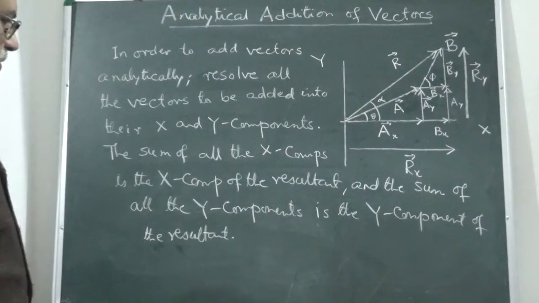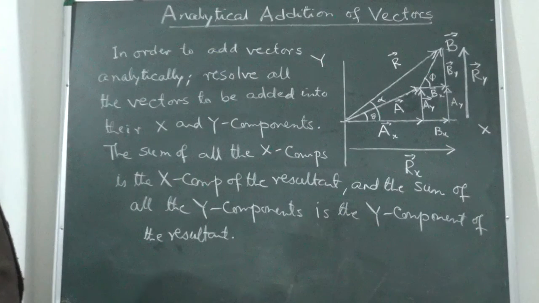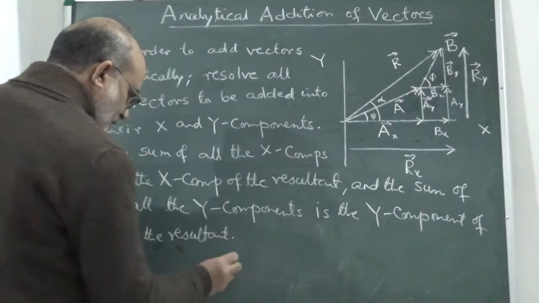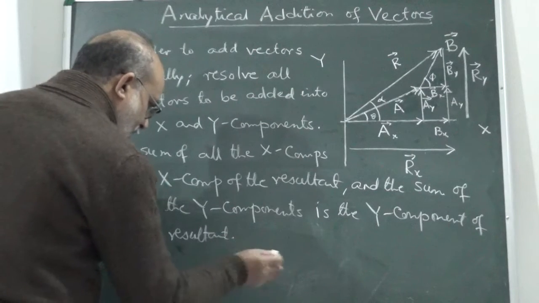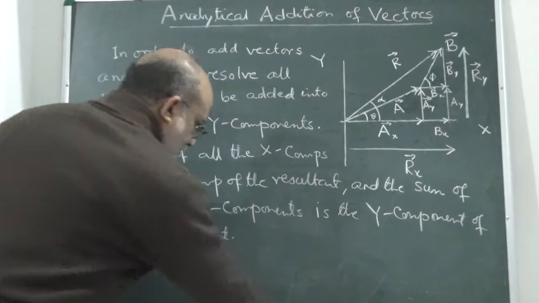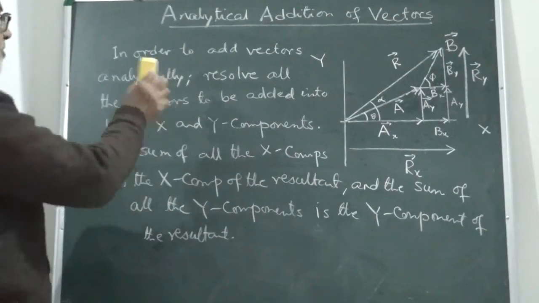And to find the magnitude, use the formula r square is equal to rx square plus ry square.